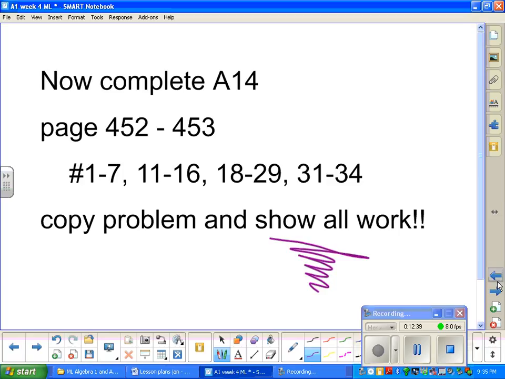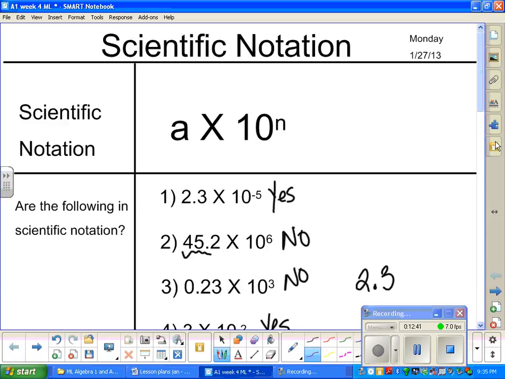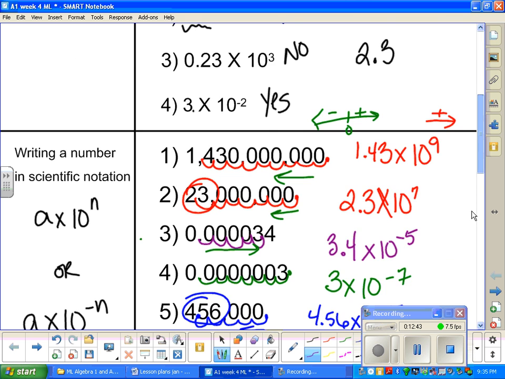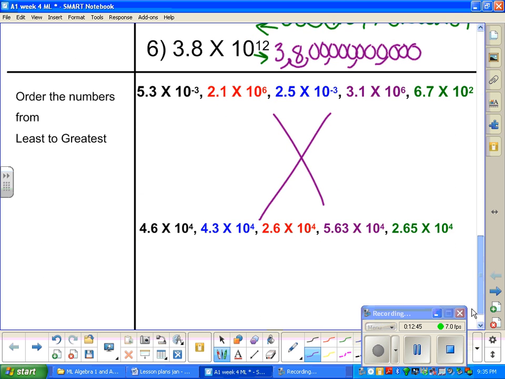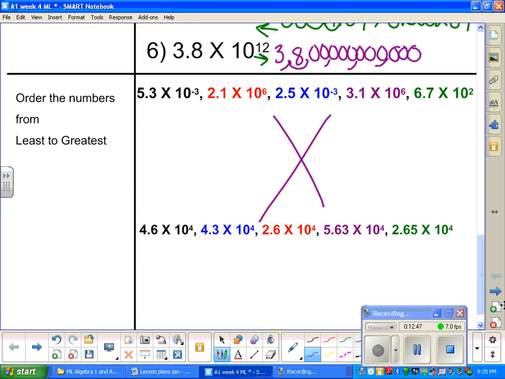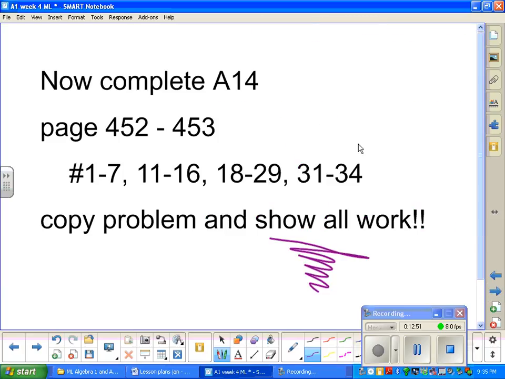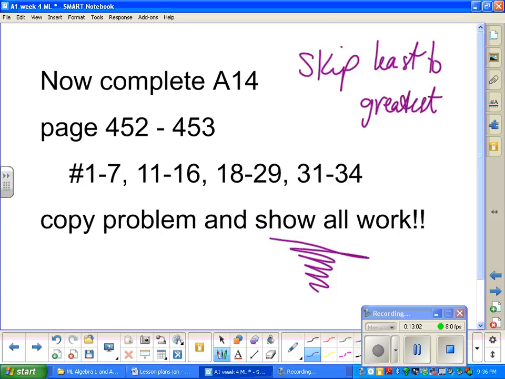Well, nah. Just skip those. So skip least to greatest. I'll try to find out those exact numbers and let Mr. Toma know. Anyway, go ahead and make sure you do these, show your work.